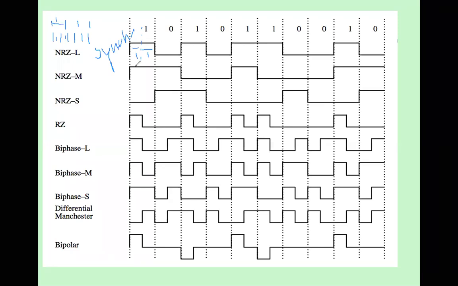So this is one issue, synchronization. What we have to do is provide synchronization information to the other computer. What kind of information? Time duration information: what is the clock tick time duration of my computer?